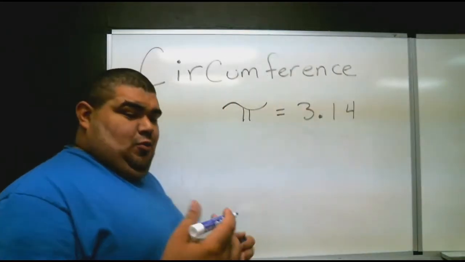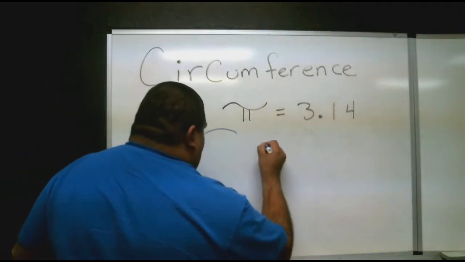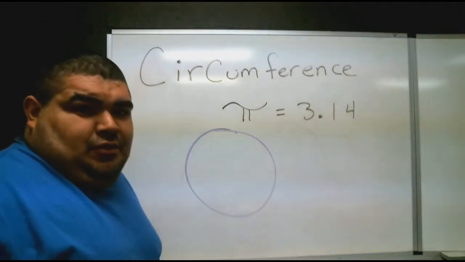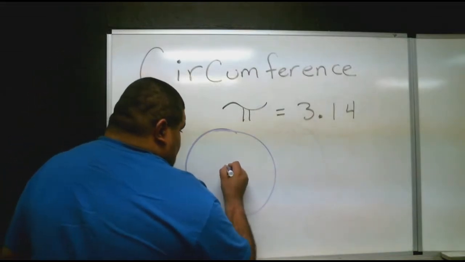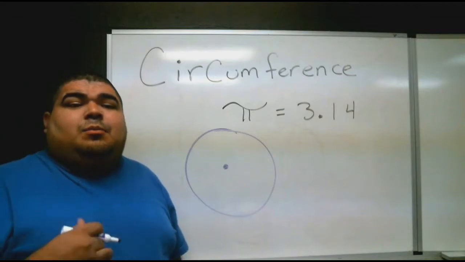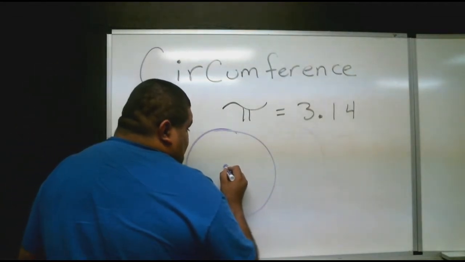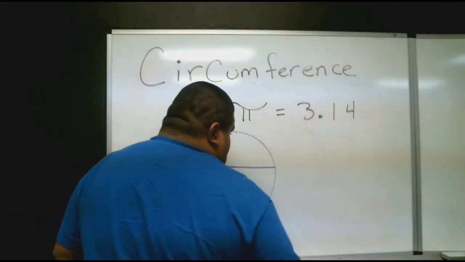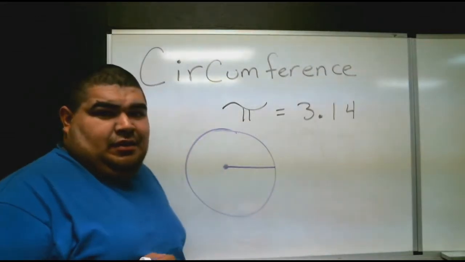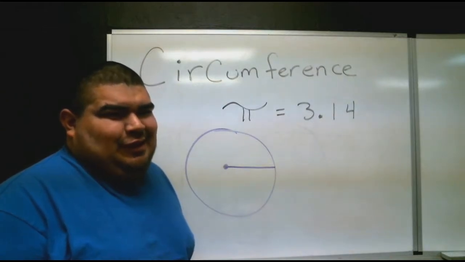We have this circle. On this circle, we have an origin, because remember, the center is the origin. From that origin, I'm going to make a line that goes from the origin to the edge. You remember what it's called? It was from last class.